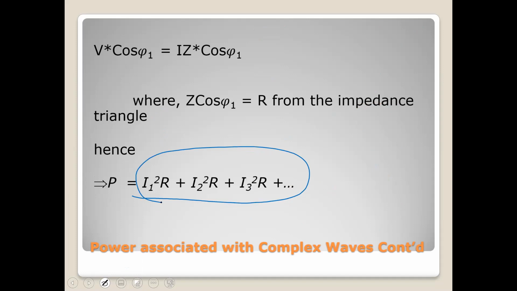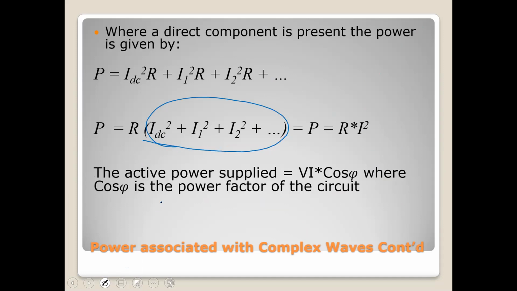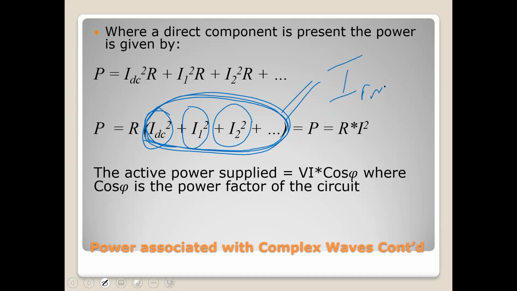Yes, sir. You with me? Yes, but sir, if it had a DC component, we are now saying that in finding the RMS current, it will be modified as shown. This represents RMS. This is RMS. And combined, it gives you the RMS of the entire waveform. Okay, sir. Thank you.